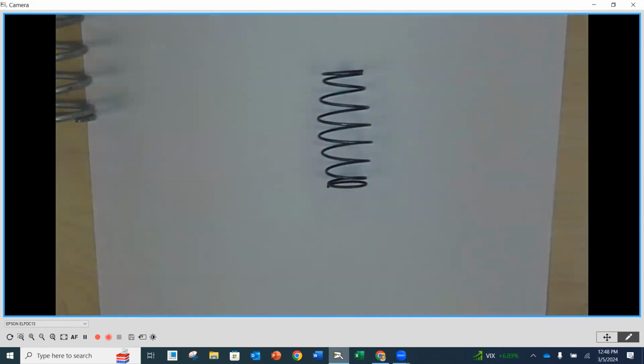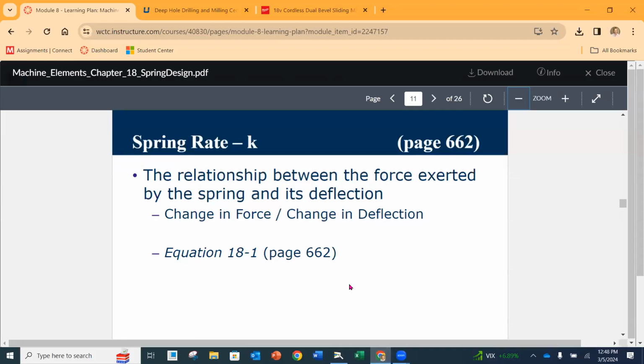So it helps to predict values throughout the different lengths. Okay, if I go to page 662, the equation for spring length in a number of different forms is there for us.